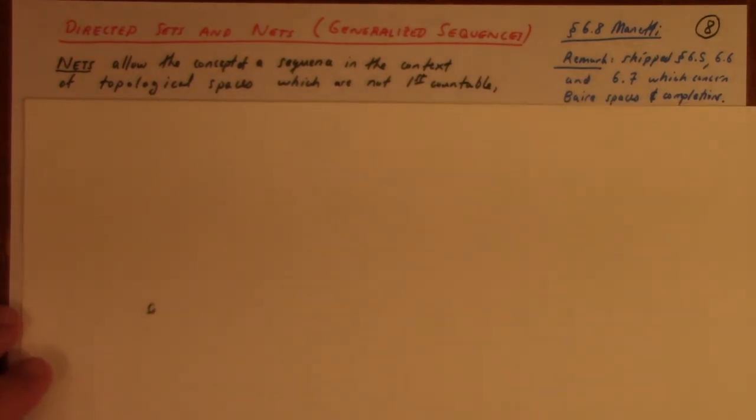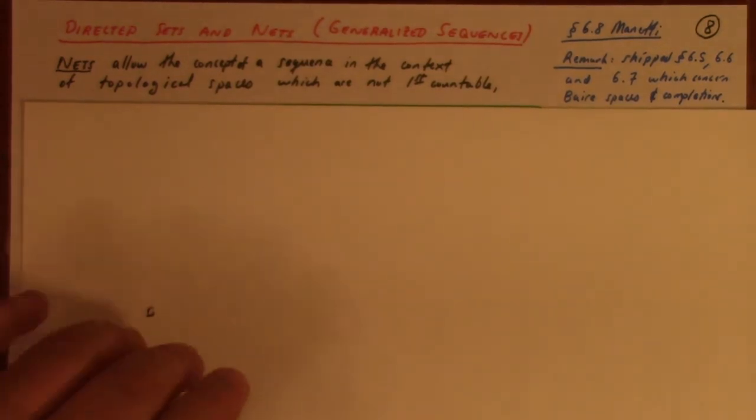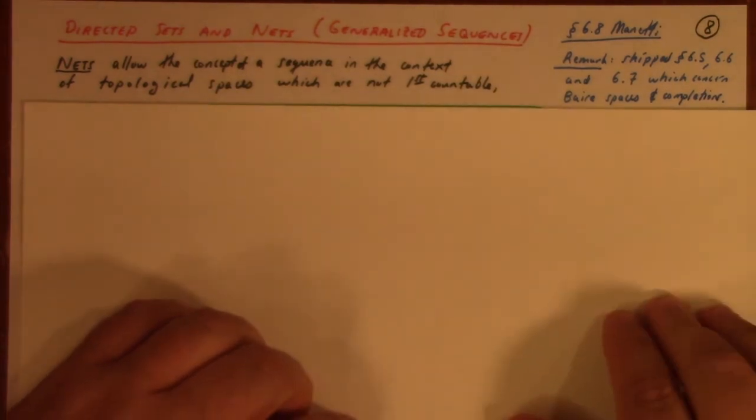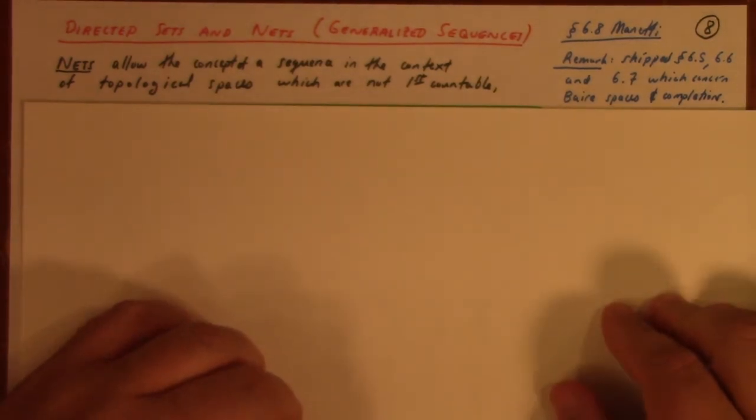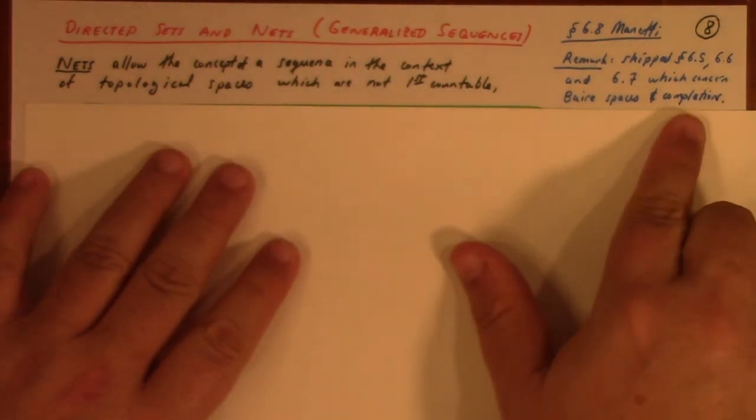But I should mention I just skipped sections 6.5, 6.6 and 6.7, which concern Baire spaces and completions. That's actually kind of important, in the big scheme of things, so let me talk a little bit about it. What's a completion?